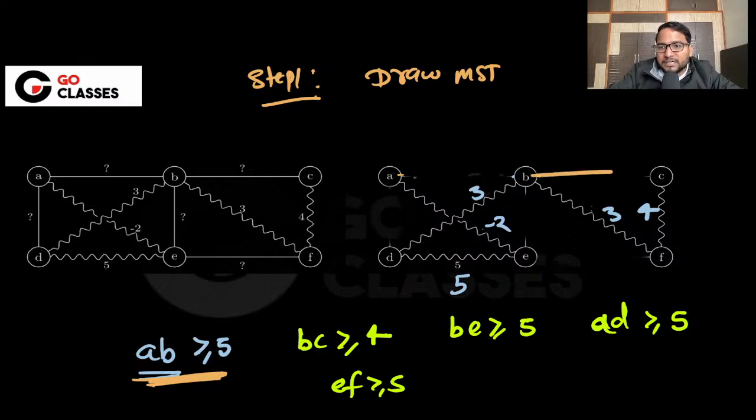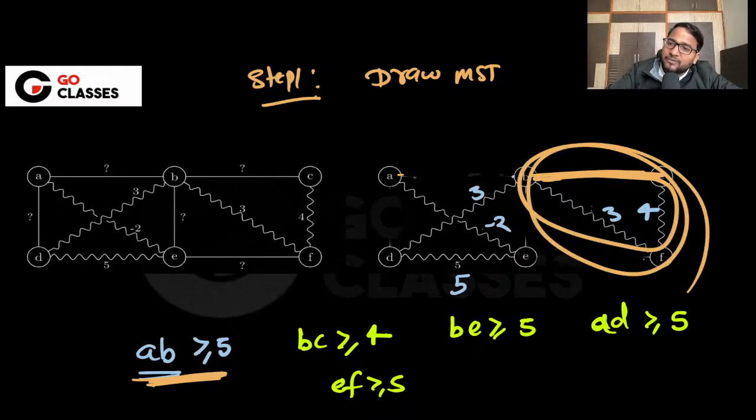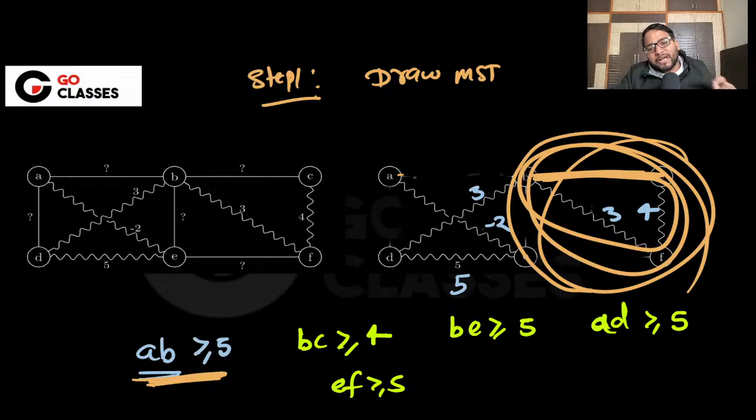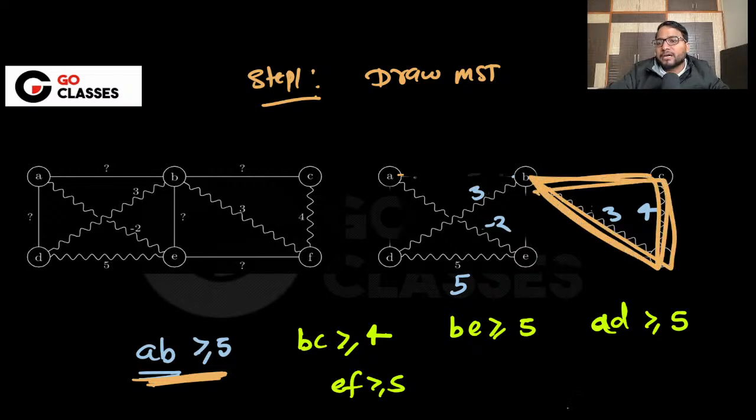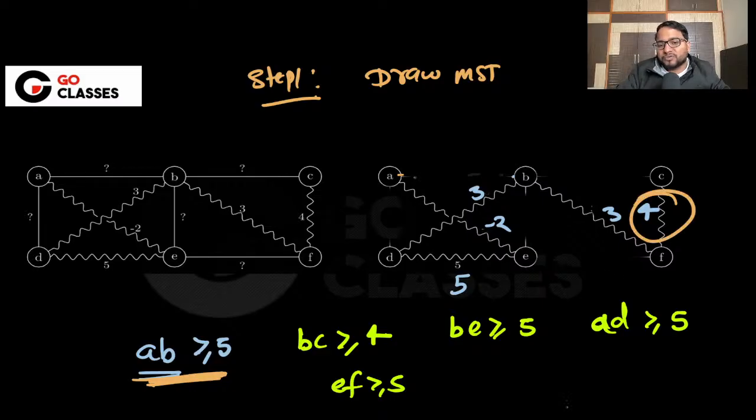For example, this BC is forming a cycle with this, right? Bringing one edge into a tree will form exactly one cycle. So this BC is forming exactly one cycle with the highest edge 4. So BC must be greater than or equal to 4. That much easily you can solve this question.